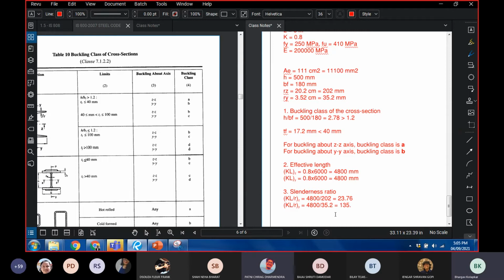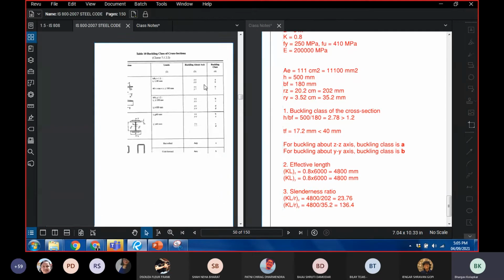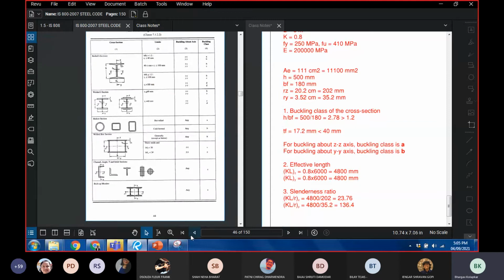I'm getting 136.36. Can someone confirm this? Yeah, yours is, you're right. Okay, so now we have the slenderness ratio. Now we have everything we need. Now we just have to look at the curve. That's it.